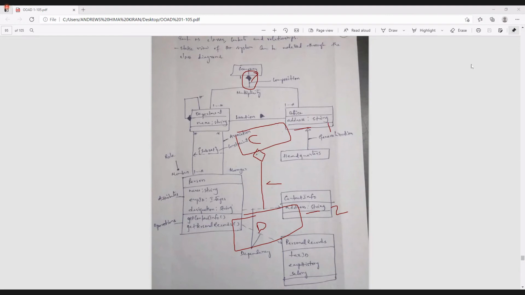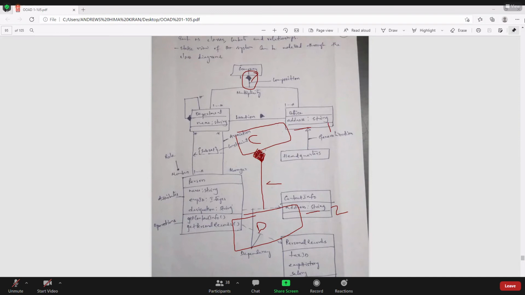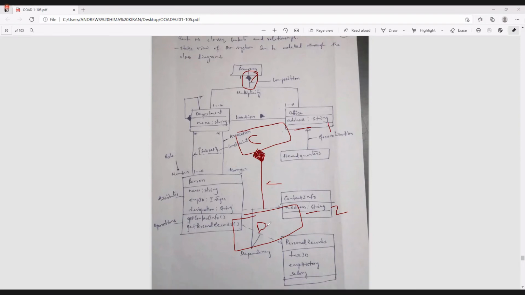But if I shade this rhombus or diamond, then this relationship is converted to a composition. Then a strong ownership exists between the college and the department. Must and should, the college should contain a department. That is the difference between aggregation and composition.